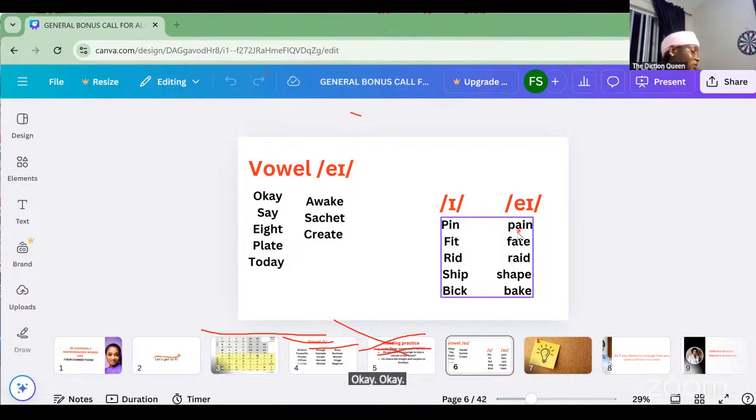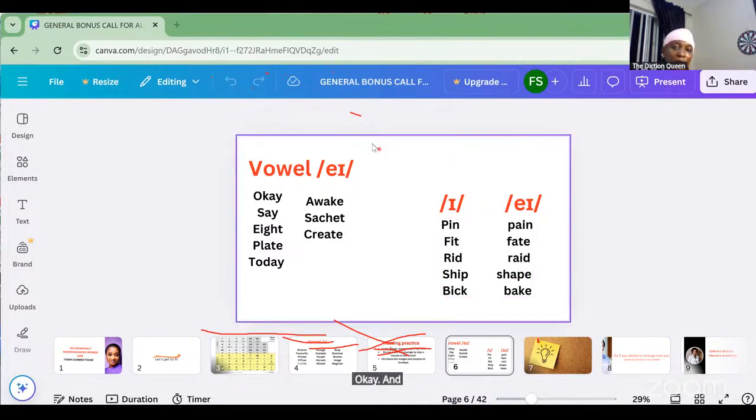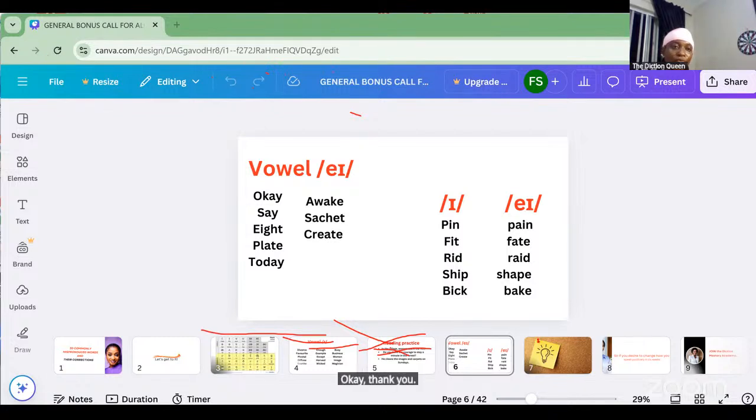Okay. Again, this one. Pain. Okay. Fed. Okay. Red. Okay. Shape. And the last one, bake. Okay. Thank you. I'll call on one more person, and we proceed.